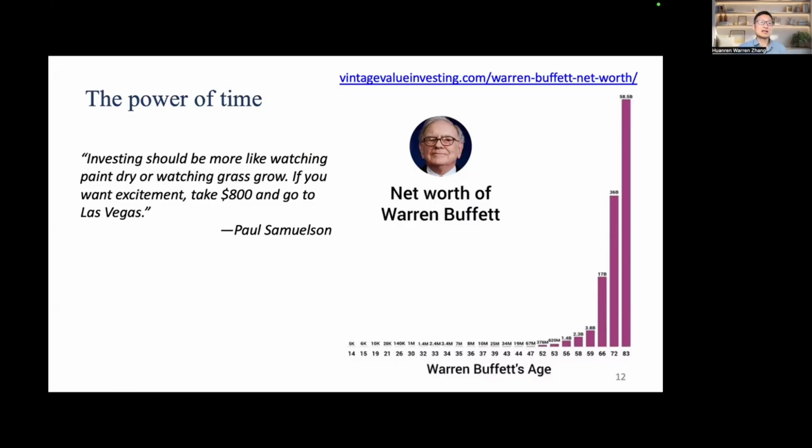If you want excitement, take $800 and go to Las Vegas, right? In order to be able to see your investment grow, you have to be patient, to wait for the power of time to exert its influence.